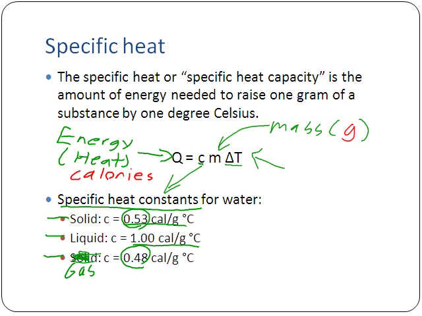The delta, which is this first letter right here, looks like a triangle. It's actually the capital Greek letter delta. It means change. Anytime you see it in math or science, it's always going to mean change. And so this is a change in T, or a change in temperature.